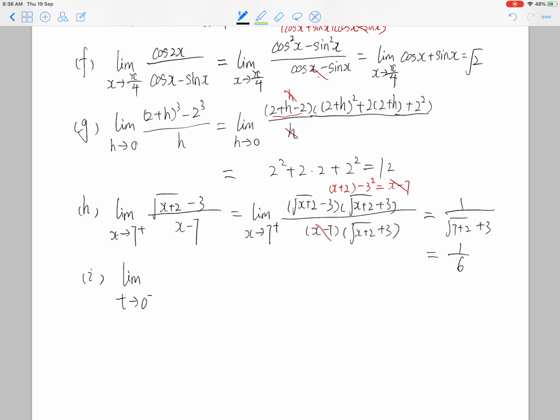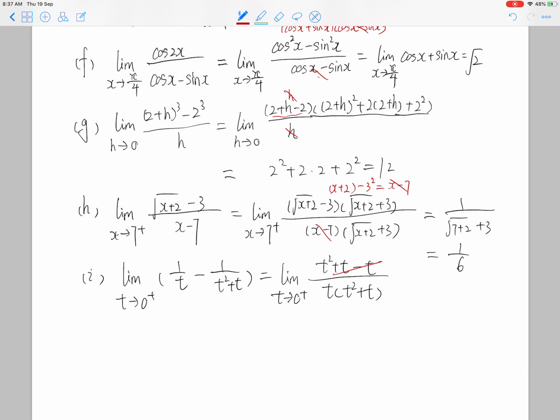This part, 1 over t minus 1 over t squared plus t. So first you can combine these two fractions. Right, then here the numerator, these two cancel out.